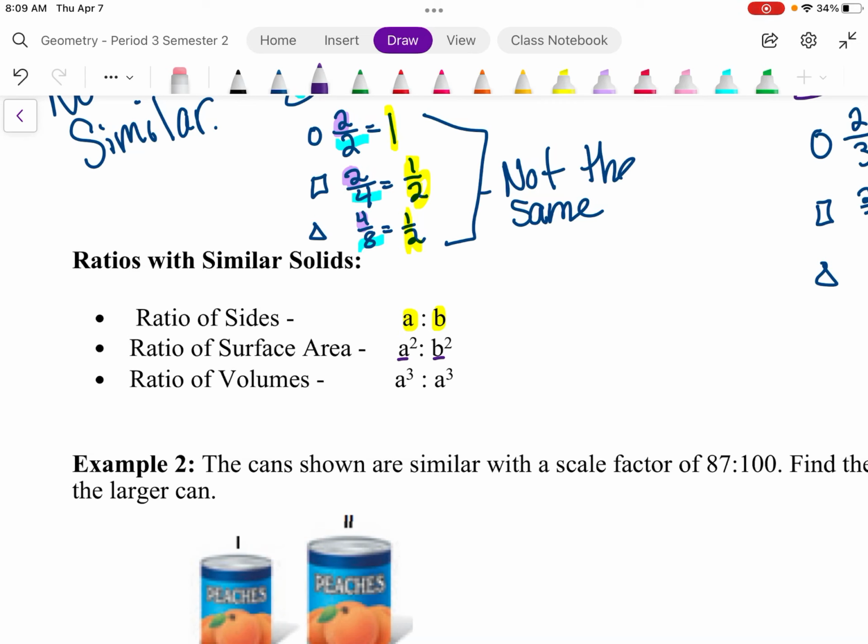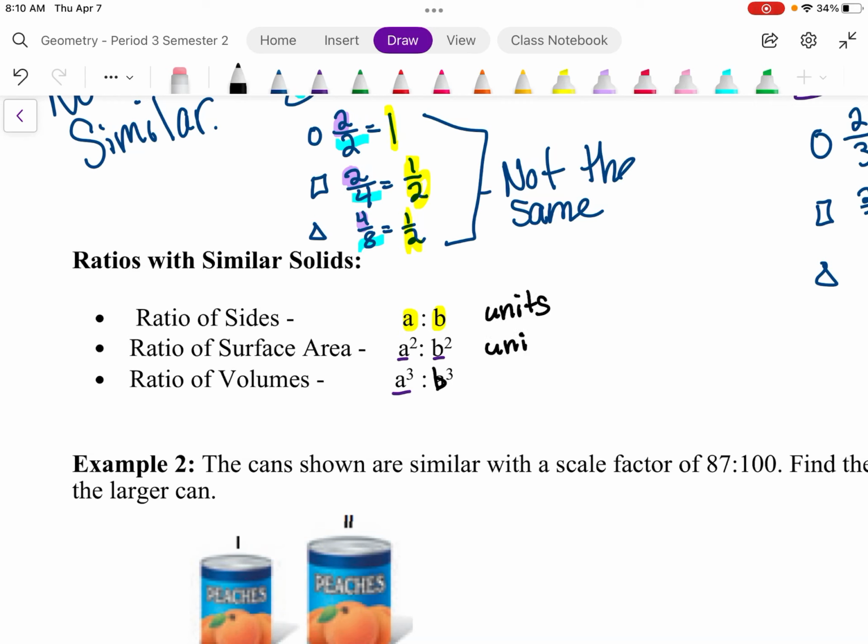So we just use those side lengths from the original one and we cube them. The way I remember what I need to do with the side lengths is I think about how we label our answers for sides, area, and volume. When we do that, we use units, units squared, and units cubed.